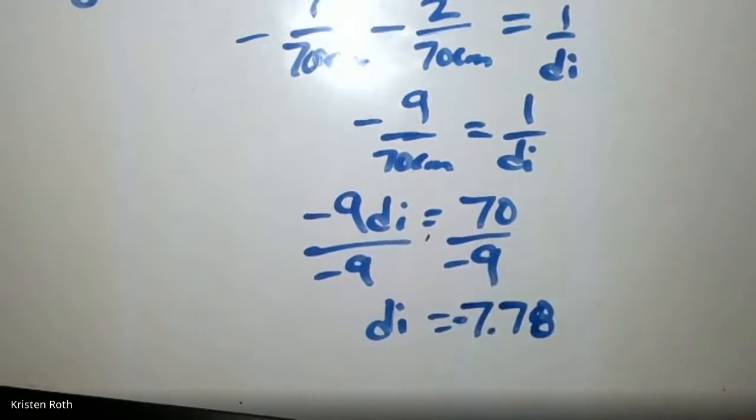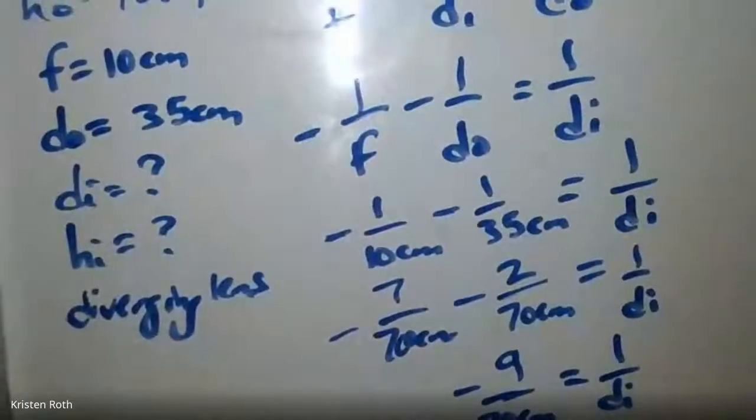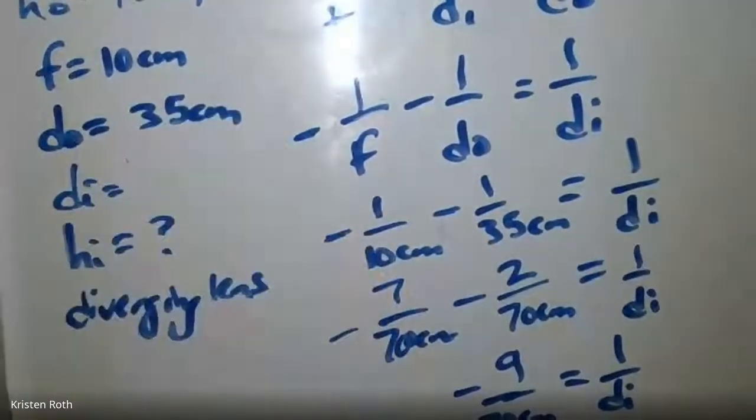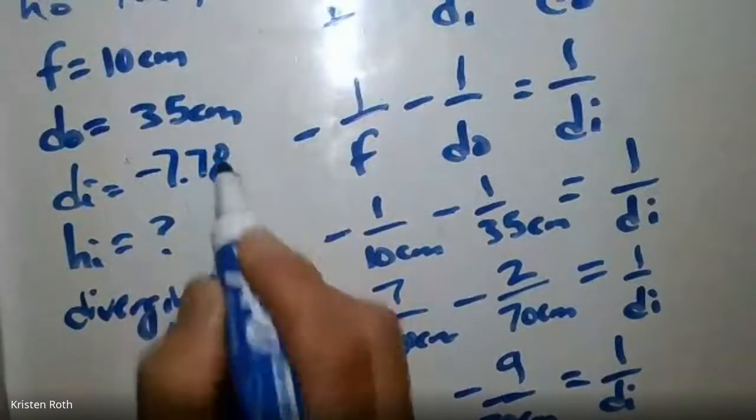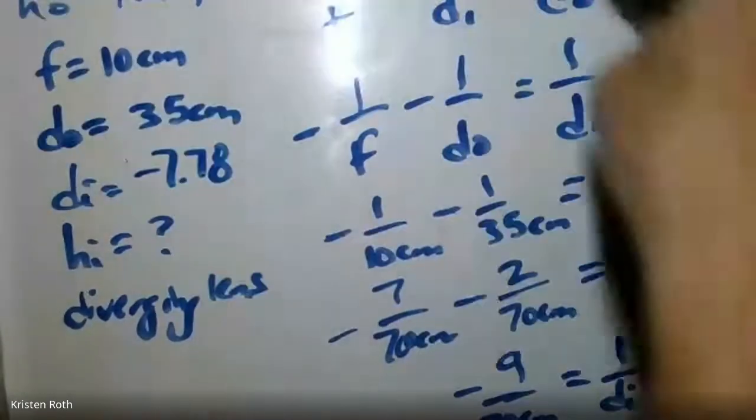It's also a negative, which makes sense because di must be negative for virtual images, and this one will be virtual because it is a diverging lens. Okay, so that was part 1 of this question. So going back to our knowns, we now know that our di is negative 7.78.